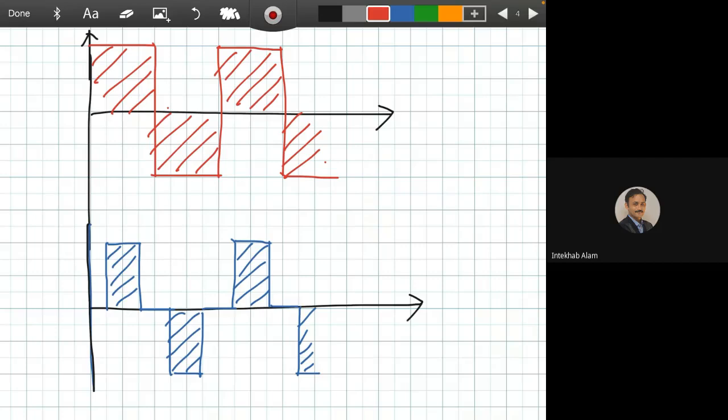So whenever we change this voltage, the wave shape becomes this form.